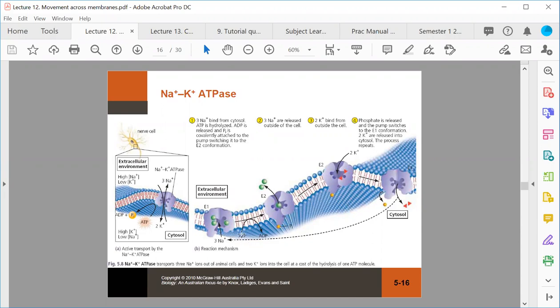ATP is hydrolyzed to ADP, and the inorganic phosphate that's released, that little yellow Pi, becomes covalently attached to the sodium potassium ATPase.